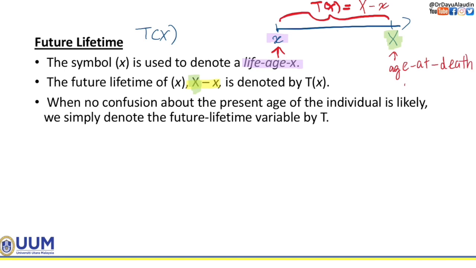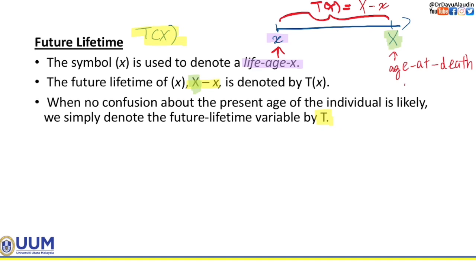When no confusion about the present age of the individual is likely, we simply denote the future lifetime variable by T. So we can also use this notation instead of Tx, but it is referring to the future lifetime of (x).